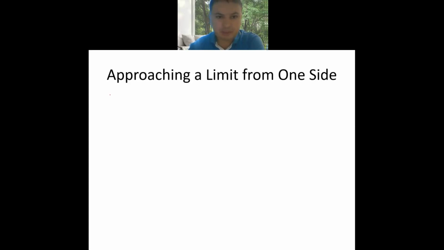Basically, what I say is the limit as x goes to c, where I add a plus, which means from the right, of f of x is equal to L. What does it mean?